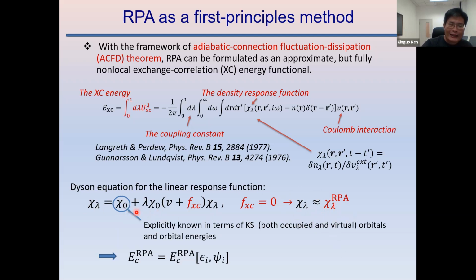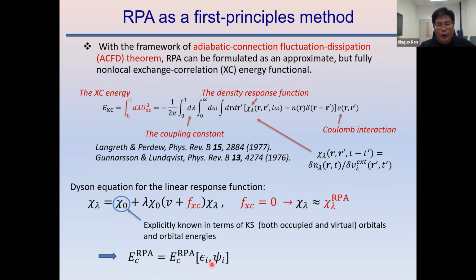And now you plug this approximation back into the ACFD expression for the energy, and one will end up with a closed expression for the correlation energy of RPA. And finally, you will find that RPA can be written in terms of just the Kohn-Sham orbitals and orbital energies.